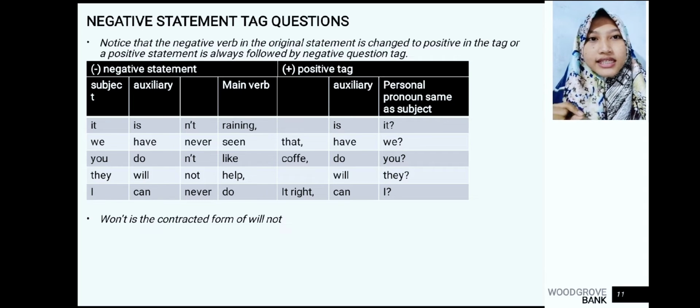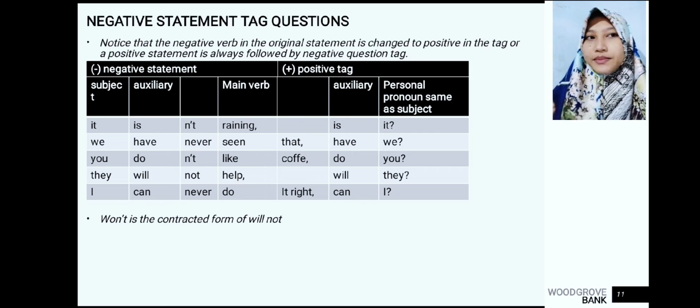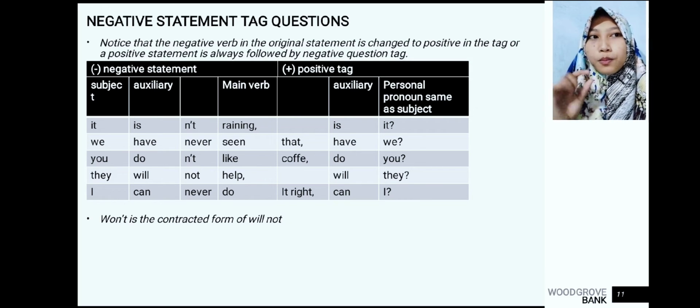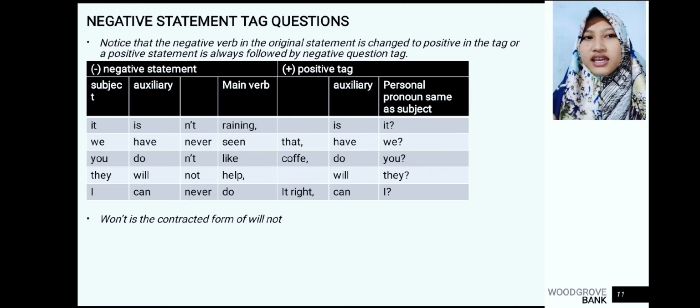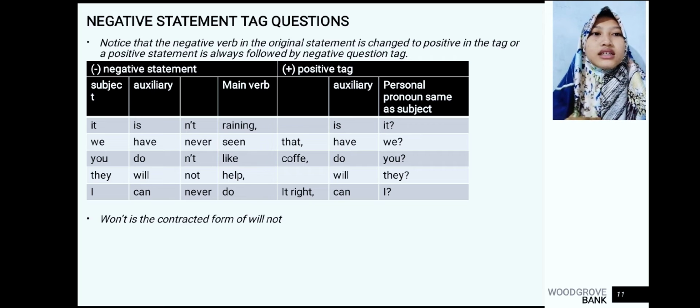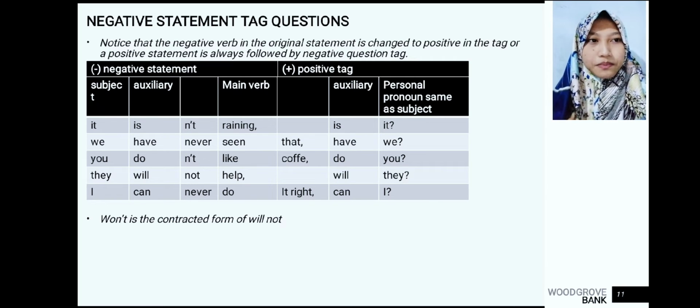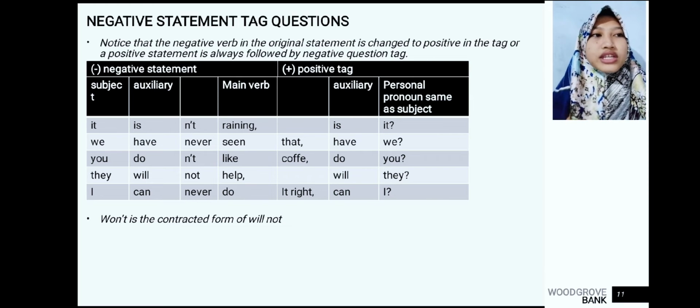For example, a negative statement with a positive tag: "It isn't raining, is it?" It is the subject, is is the auxiliary, raining is the main verb, is is the auxiliary, and it is the personal pronoun, the same as the subject.